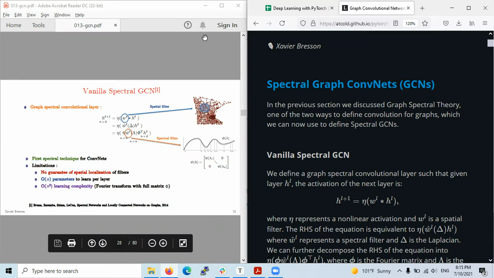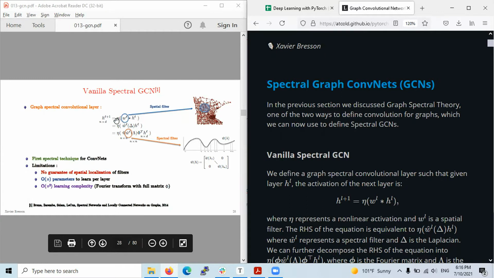So here we have this equation wherein h of L plus 1 is the L plus 1 layer, and this is found by doing a convolution of the previous layer with a kernel, as we have done in the previous convolutional neural networks.